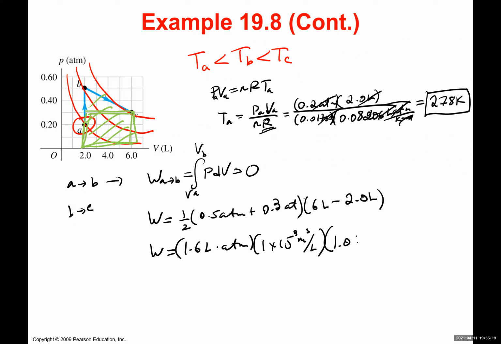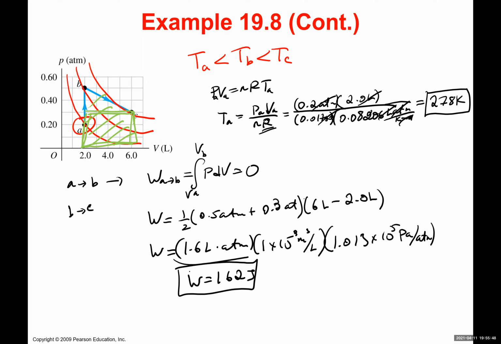Then 1.013, now we're converting everything, times 10 to the 5 Pascal per atm. So then work done equals 162 joules. That means we have to convert everything into SI units in order to get the value in joules. All right, so 162 joules of work was done.